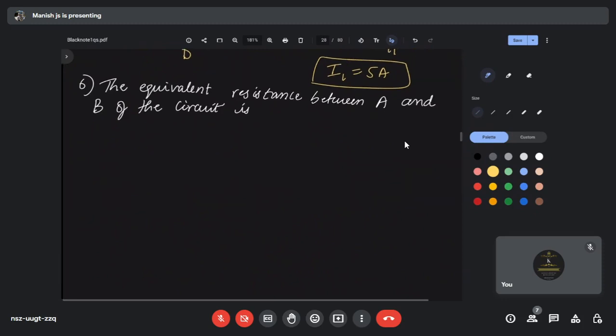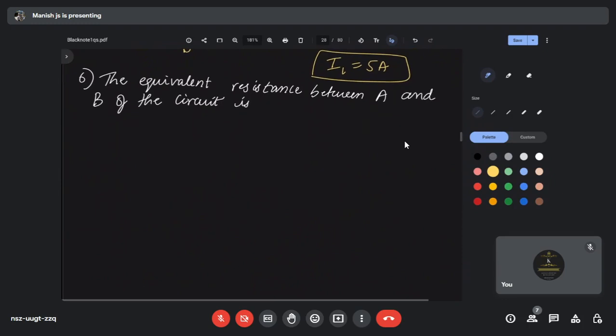So what is the equivalent resistance between points A and B of the given circuit? So circuit நான் வந்து draw பண்றேன்.